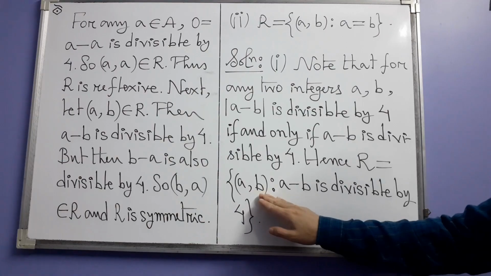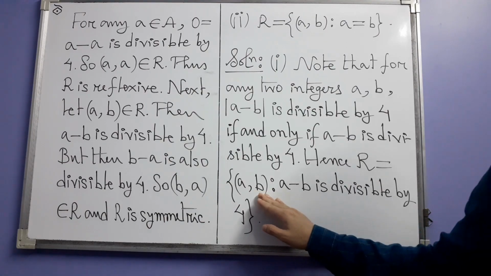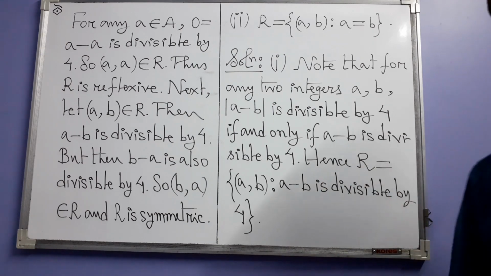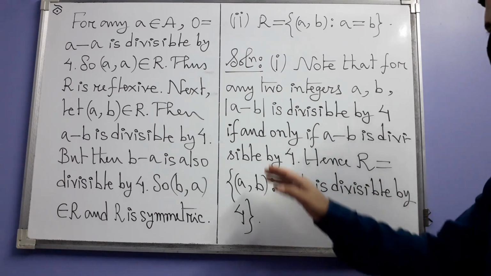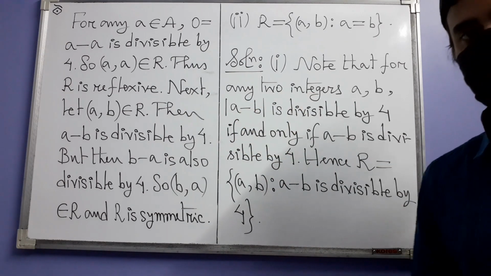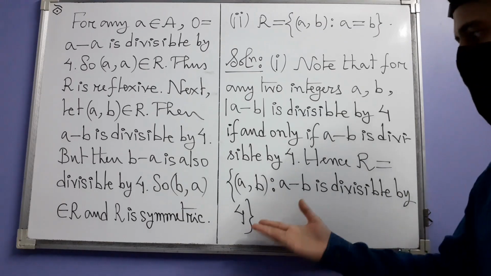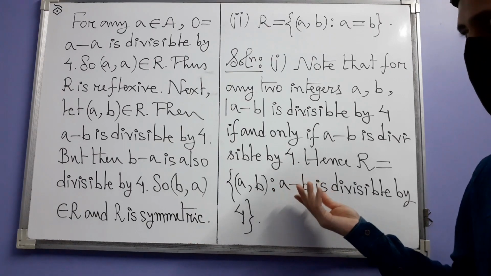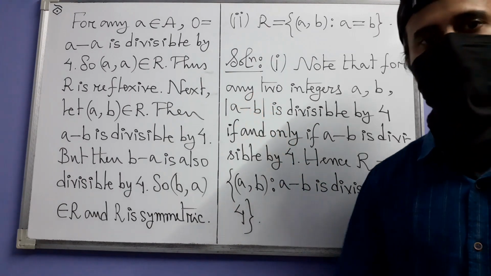That is, it consists of those ordered pairs of elements of our set A such that a minus b is divisible by 4. So now we do not have to bother about the absolute value. Now with this new characterization of the relation R, we are going to proceed.